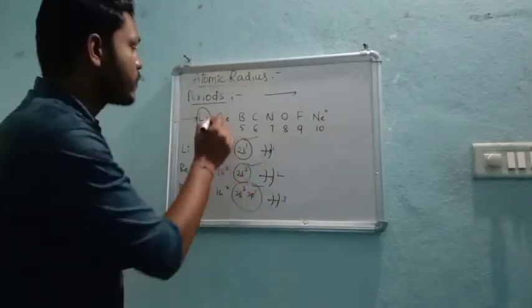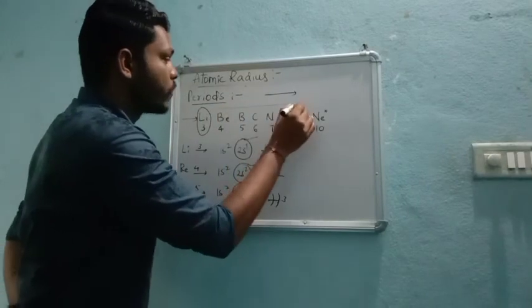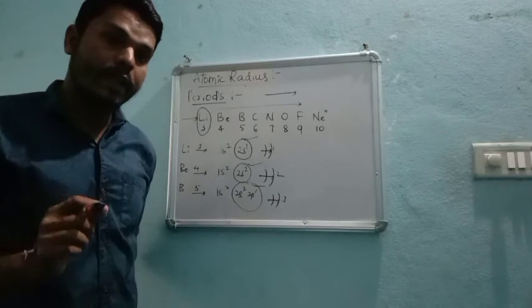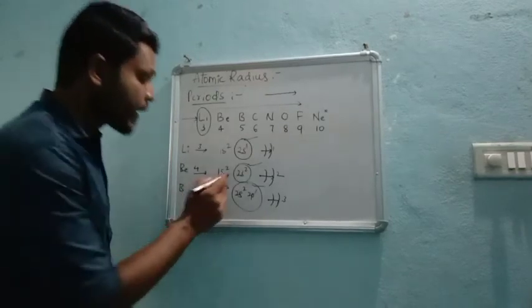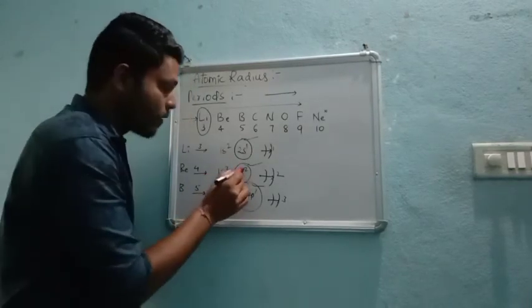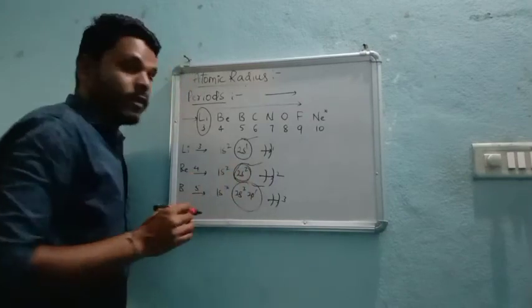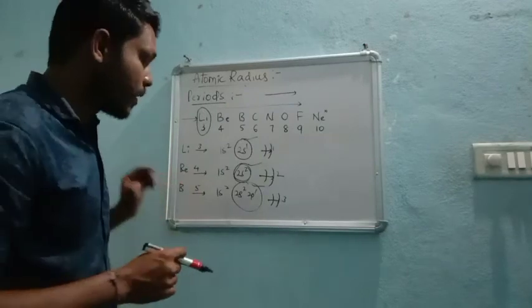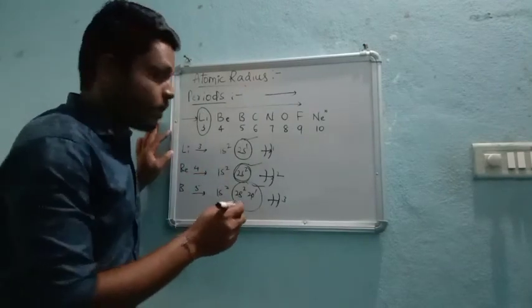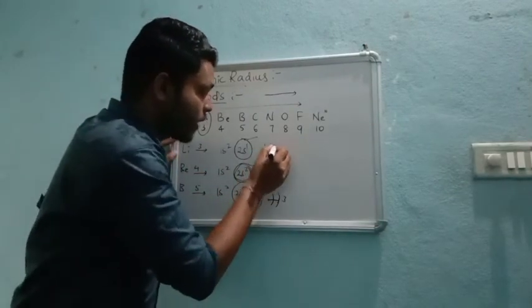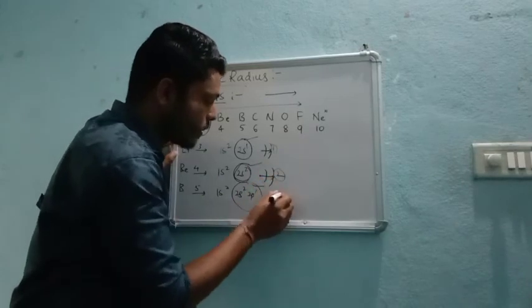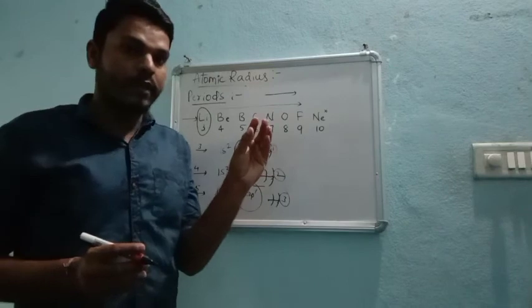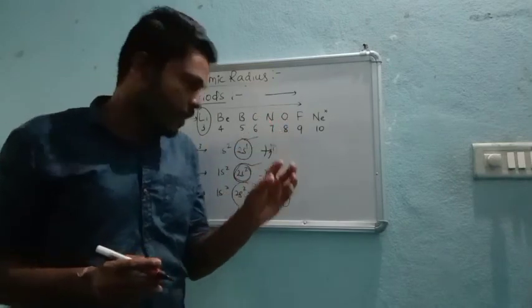That means as we move from lithium to fluorine or neon, the number of electrons in the second shell is increasing while moving from left to right in the period, right? So because of the increasing number of electrons in the same shell, the shell starts shrinking.